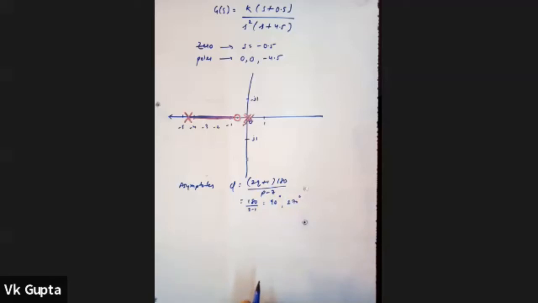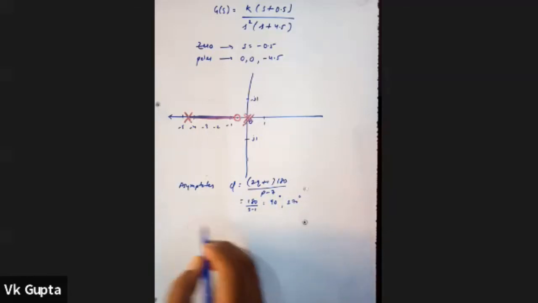So we got asymptotes 90 degrees and 270 degrees. This is step number 4.